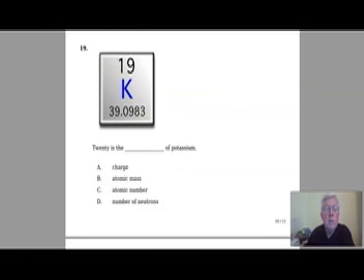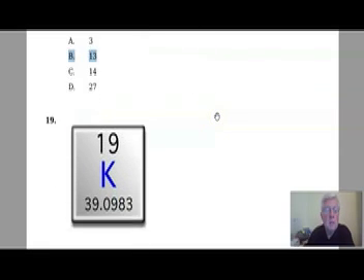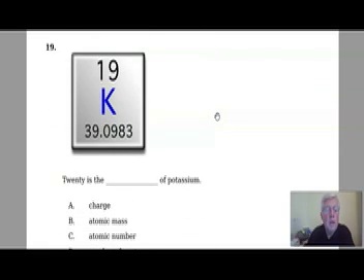Let me see if I can make this a little bit bigger for you. All right, so here we go. Again, I'm going to look all over this diagram, all over this picture. The element is potassium, K. I know that just because I know things, okay? Have you ever been down the cereal aisle and looked at the cereal Special K? Well, that's because it has a lot of potassium in it.